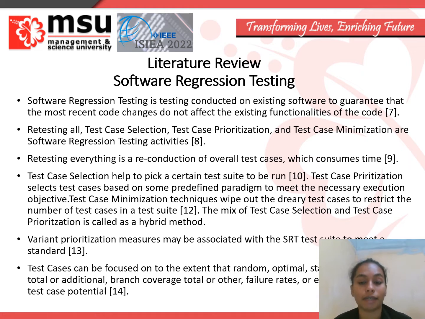The mix of test case selection and test suite prioritization is called a hybrid method. Various prioritization measures may be applied to a software regression test suite to meet a standard. Test cases can be prioritized on the basis of random, optimal, statement, total or additional branch coverage, and total or additional failure rate depending on the test case potential.